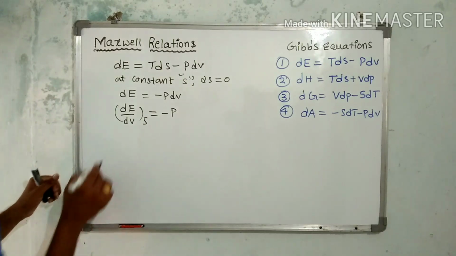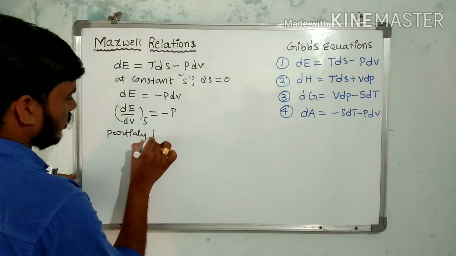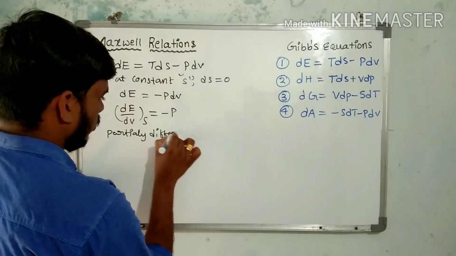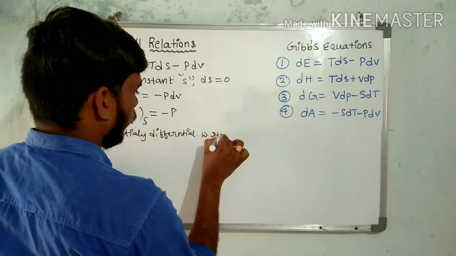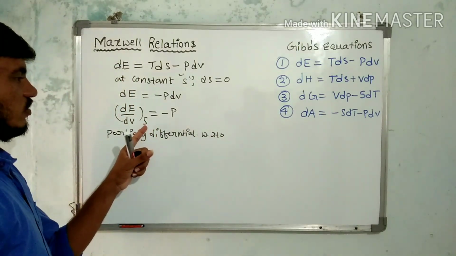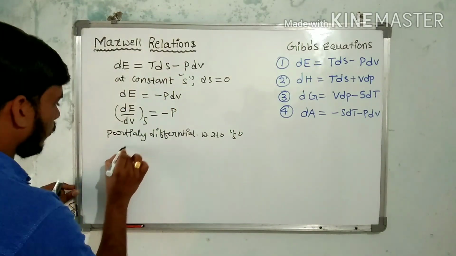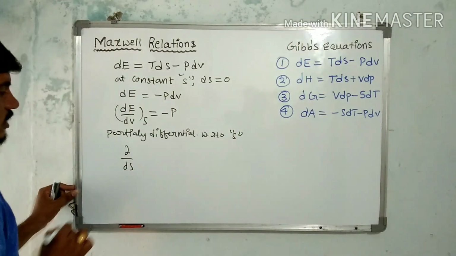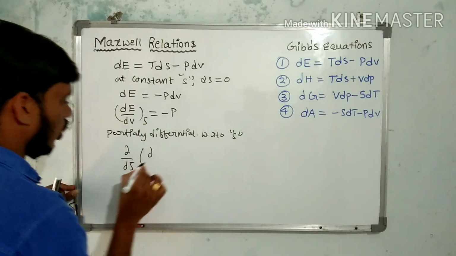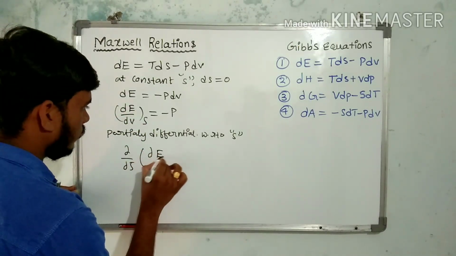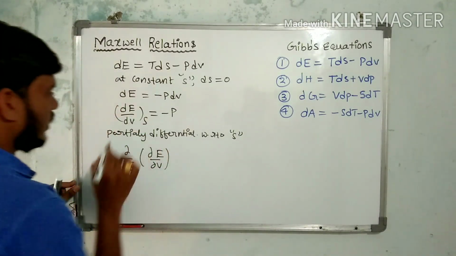Now we take this term partial differentiation with respect to entropy. Now what happens? Dou by dou S, and this term is dou E by dou V at constant entropy.